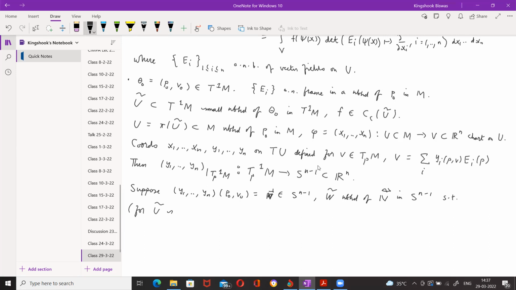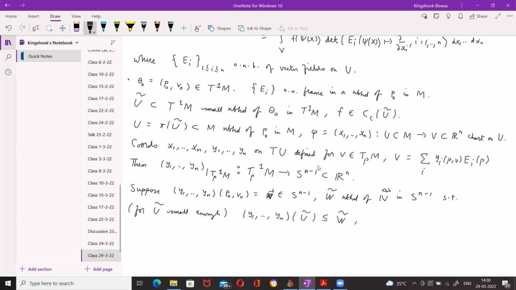So for U tilde small enough, (y1, ..., yn) of U tilde is contained in W tilde. Okay.